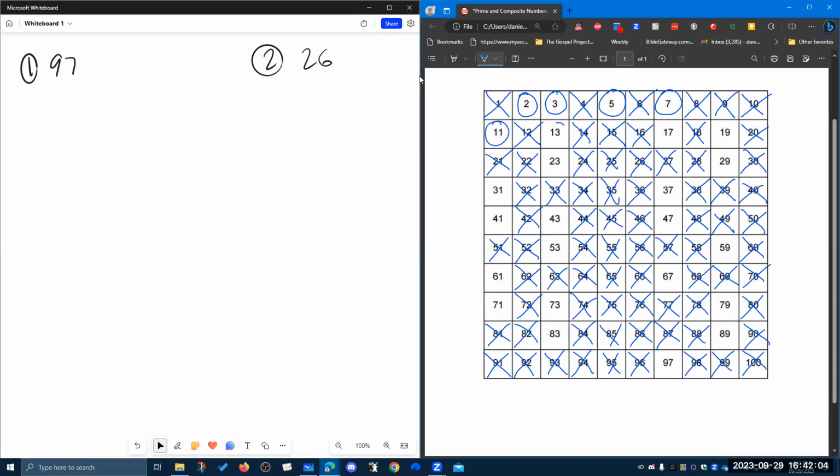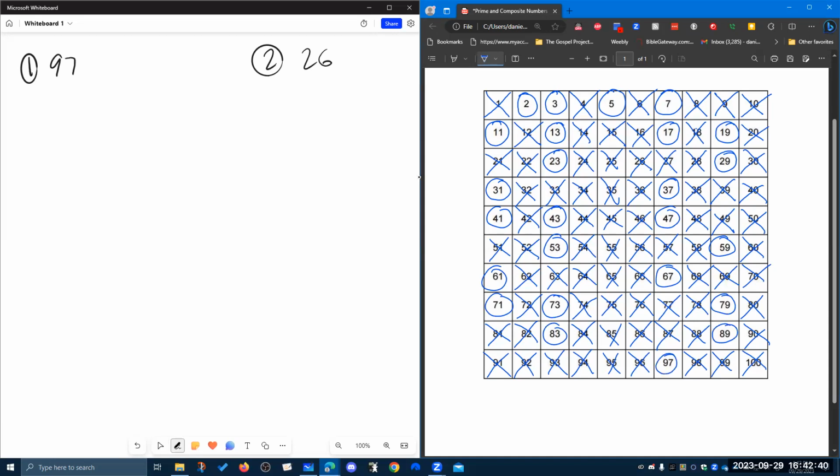So 11 is prime, 13 is prime, 17 is prime, 19 is prime, 23 is prime, 29, 31, 37, 41, 43, 47, 53, 59, 61, 67, 71, 73, 79, 83, 89, and 97.